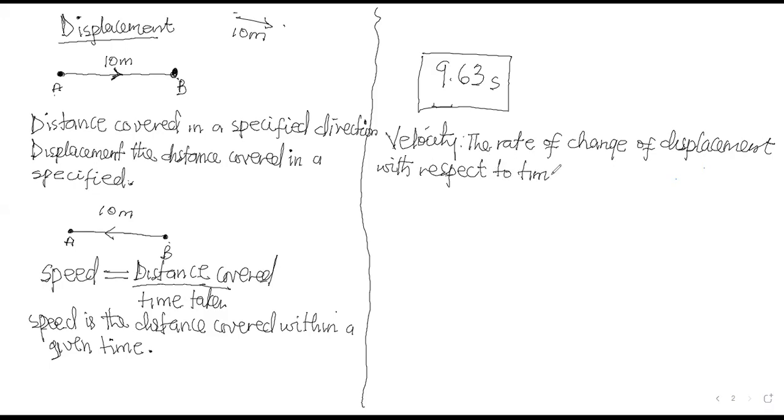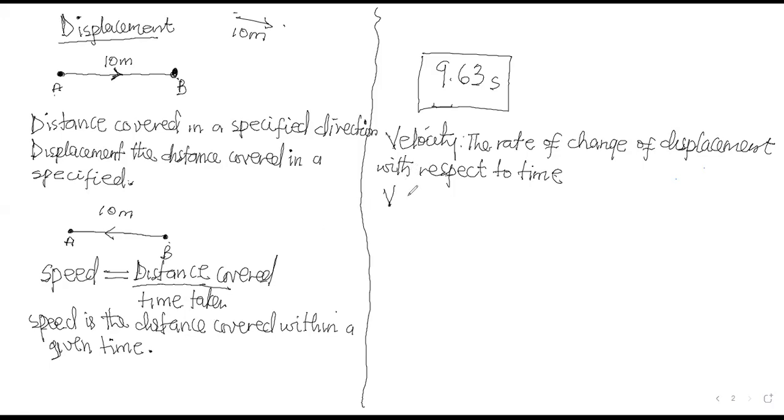Whereas speed, as said earlier, is the rate of change of distance with respect to time. So distance relates to speed, whereas displacement relates to velocity.